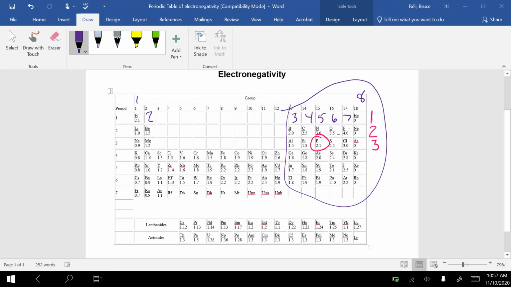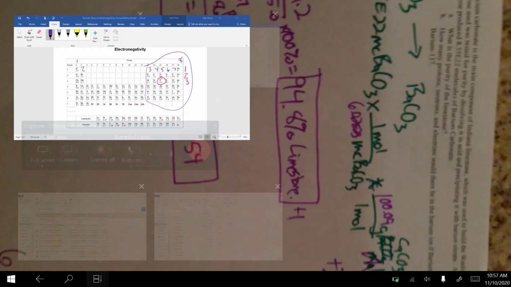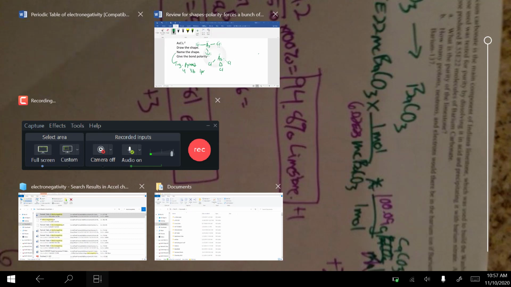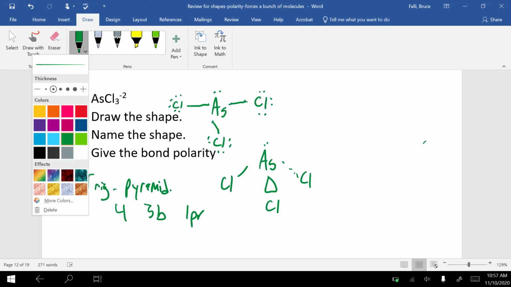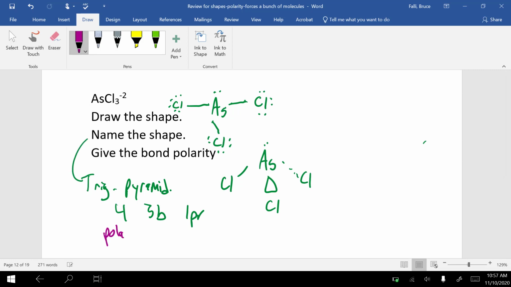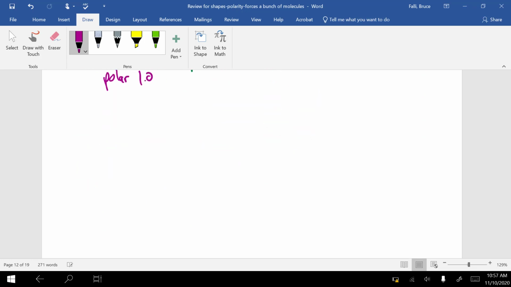As is 2, Cl is 3, yep. So it's going to be polar because 1.0 is the difference in electronegativity. So I'm going to draw an arrow pointing at the more electronegative guy. There you have it.